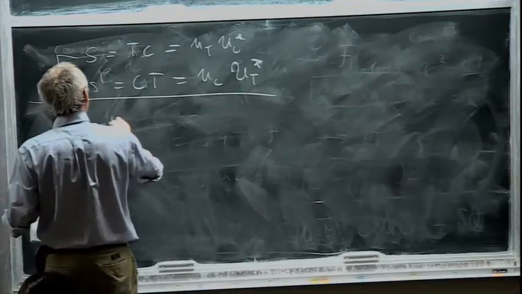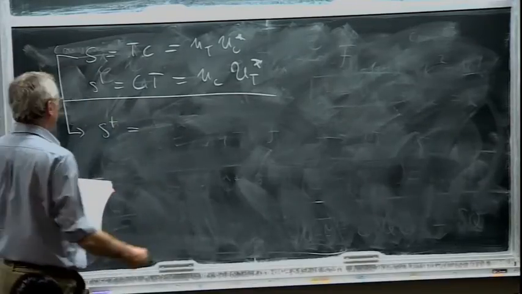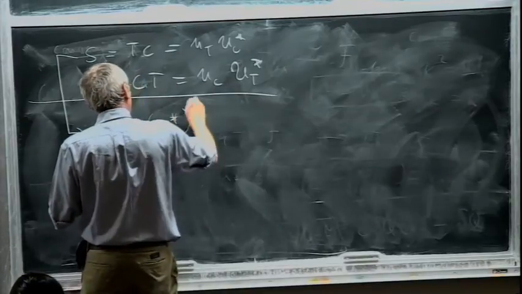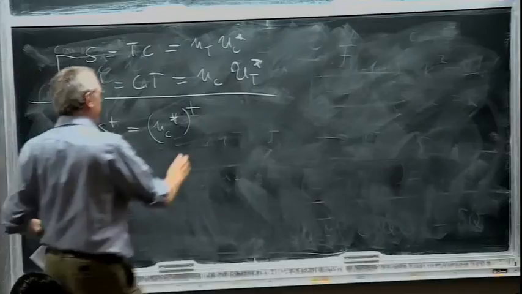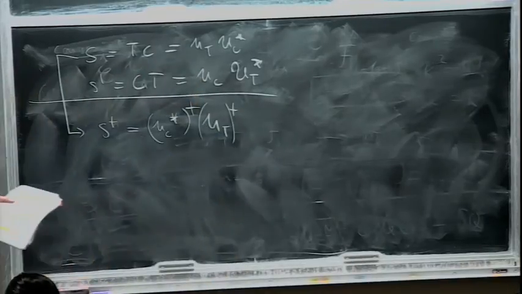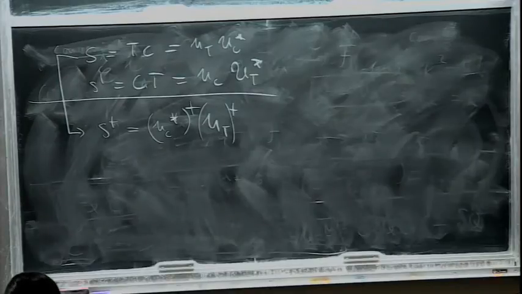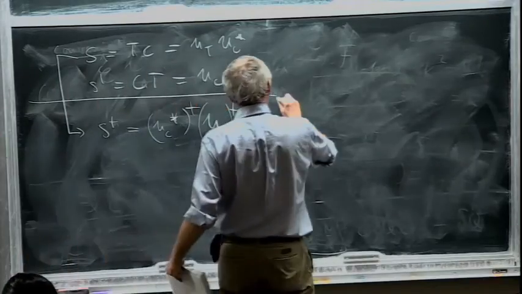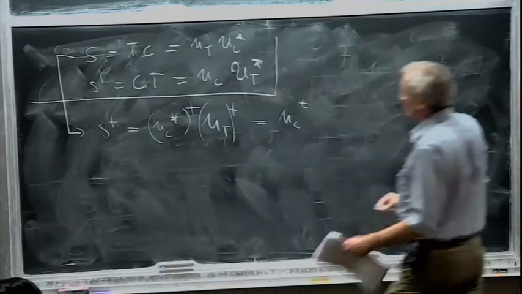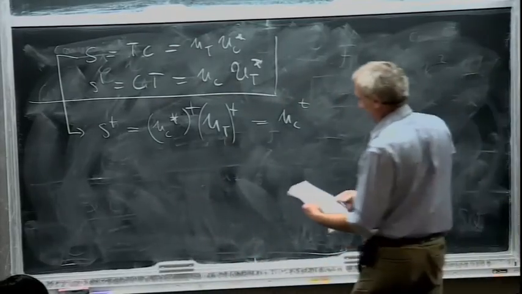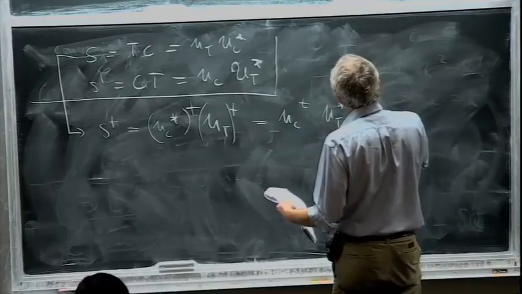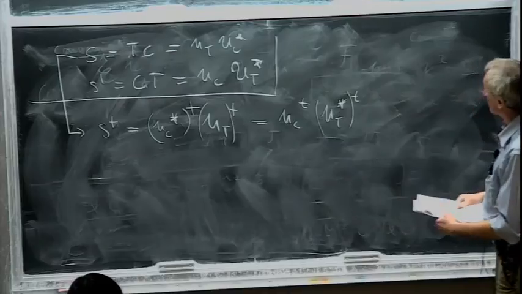S dagger is UC star dagger, UT dagger. So this is obviously UC transposed, UT star transposed.